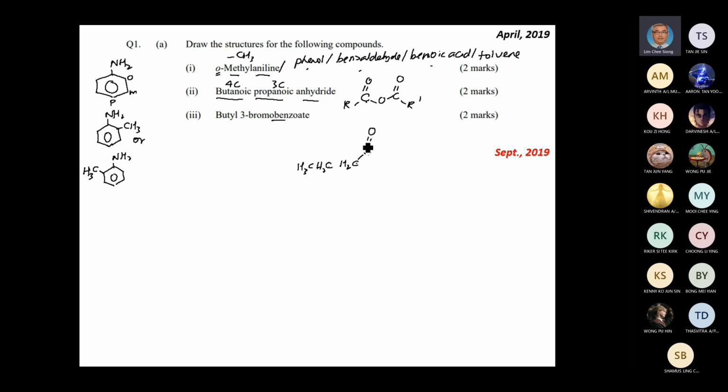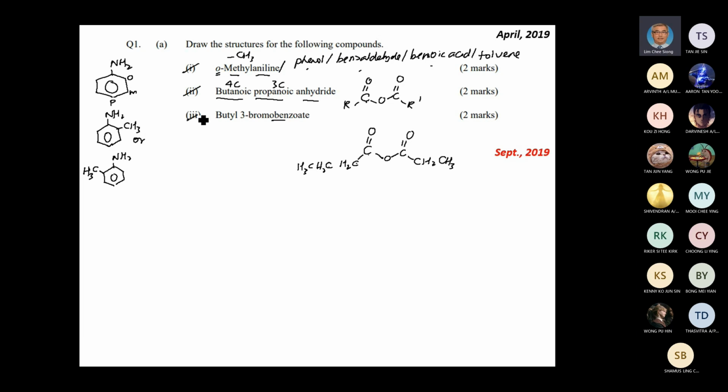Bingo. For prop, draw here, 2 more attached: CH2, CH3. But one thing to remind you is that normally I encourage students to use either the expanded or condensed chemical structure. Don't use the skeletal structure unless you are really expert. Okay? Now done already for 1, done already for 2, easy.